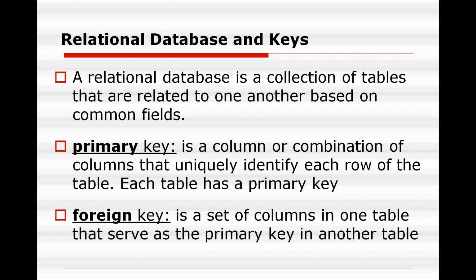Second one, a foreign key is a set of columns in one table that serve as the primary key in another table. If you have a primary key in one table, and the same column is in another table where it is not the primary key for that table, that is what we call a foreign key.